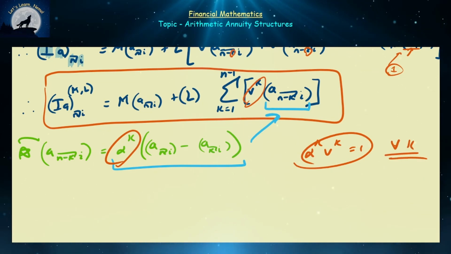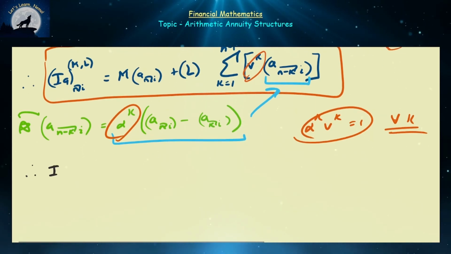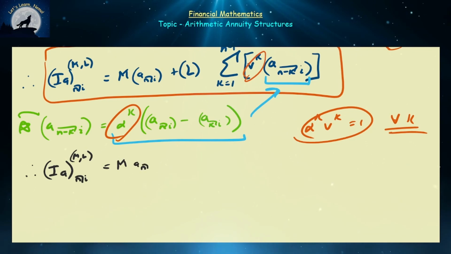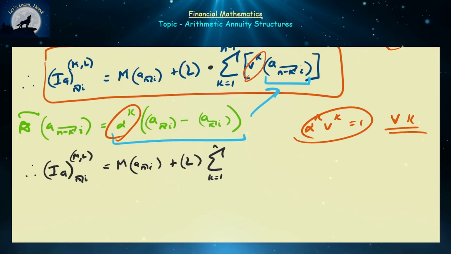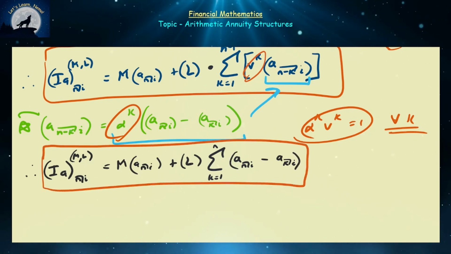So once I have that, I can rewrite my present value sequence as follows. We have (Ia)_{n|i} with m and L will be equal to m times a_{n|i} plus L times the sum from k equals 1 to n minus 1 of that difference, a_{n|i} minus a_{k|i}. So this is the next representation that we can work with, and yes, that superscript is n minus 1.